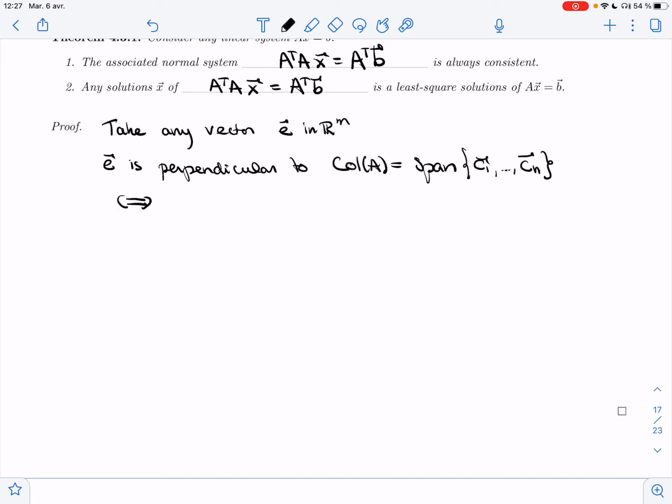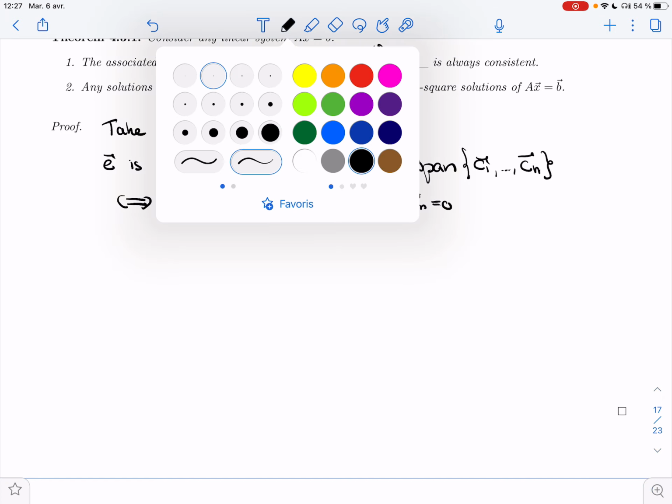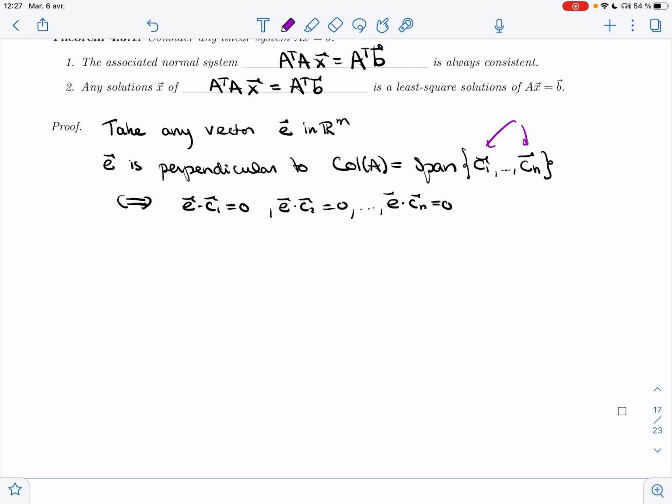That's true if and only if e dot c1 is 0, e dot c2 is 0, and so on. Remember, these are the columns of A.